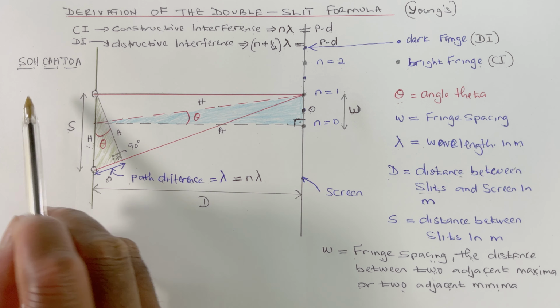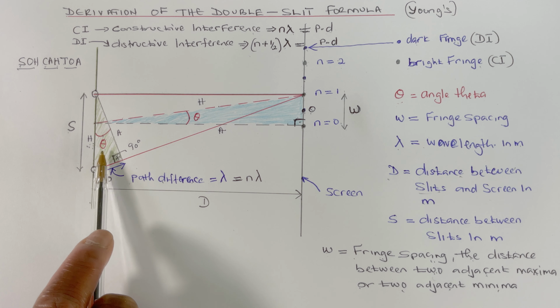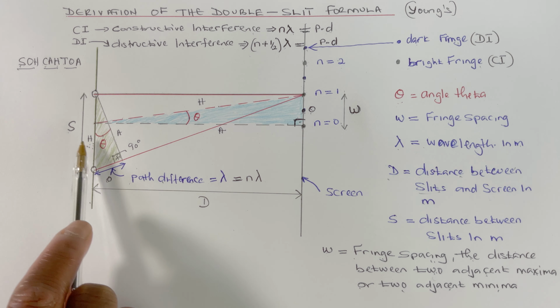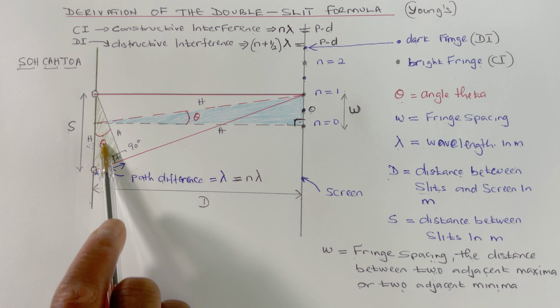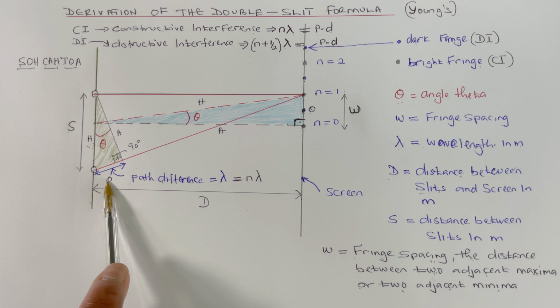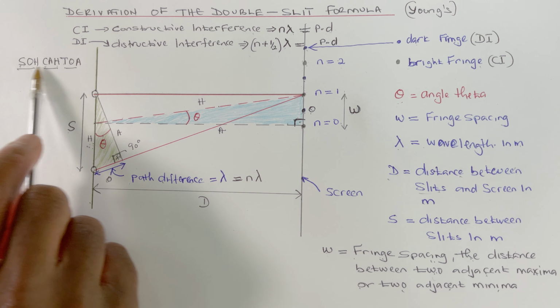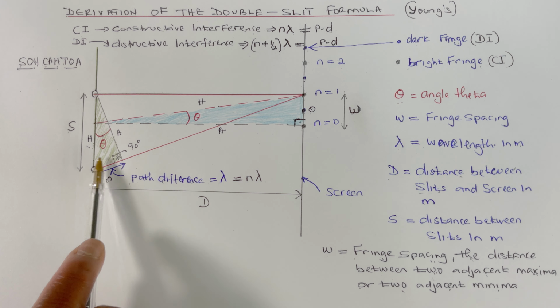So we can now choose which one to use. If we look at this first right angle triangle, you can see we've got the hypotenuse, which is S, and we've got lambda, which is the opposite. What has opposite and hypotenuse is sine, so we're going to use sine for this one.